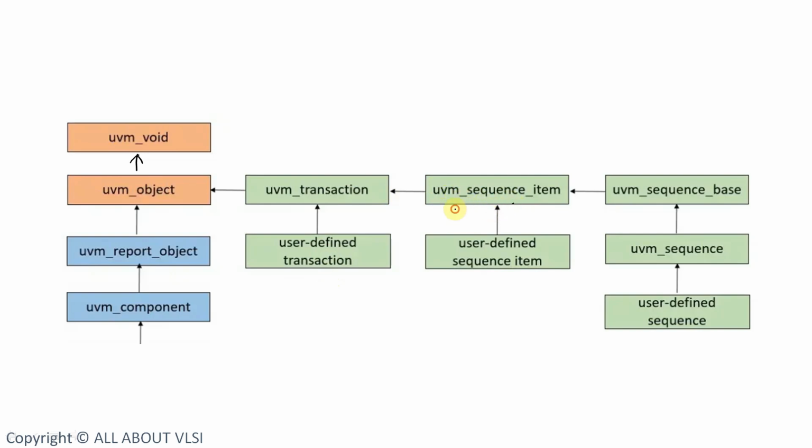Okay, so from this UVM sequence item we are going to define our user defined sequence items, and from this UVM sequence item one more class has been derived which is known as UVM sequence base, and from the UVM sequence base we have one more class which is known as UVM sequence, and from this we are going to get UVM user defined sequence.